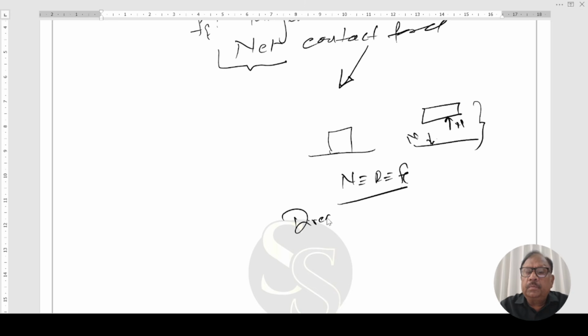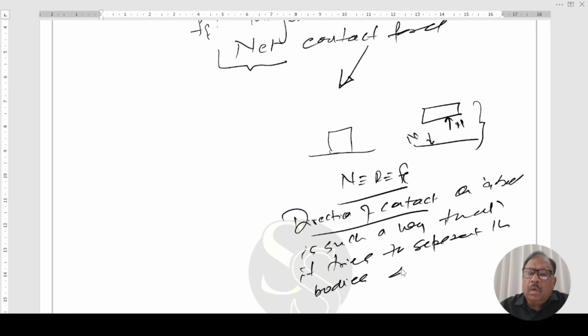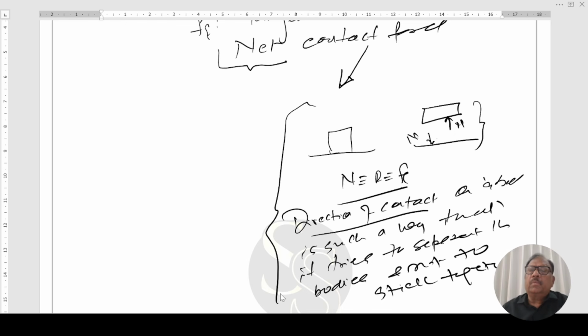The direction of contact force on a body is such a way that it tries to separate the bodies and not to stick together, right? This is regarding the direction.